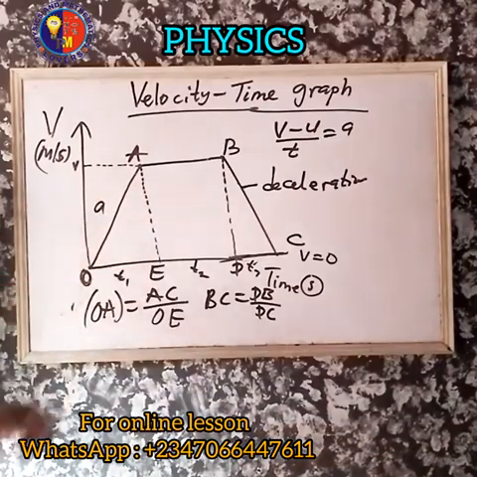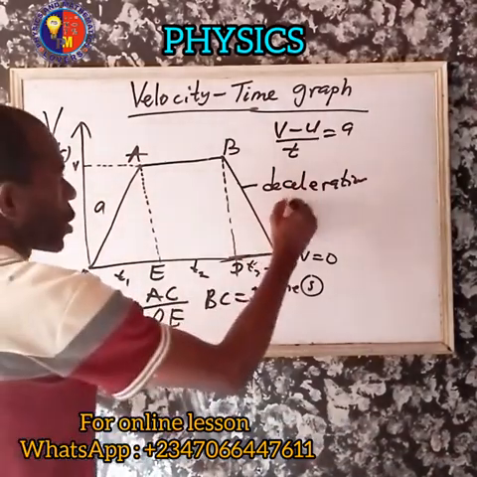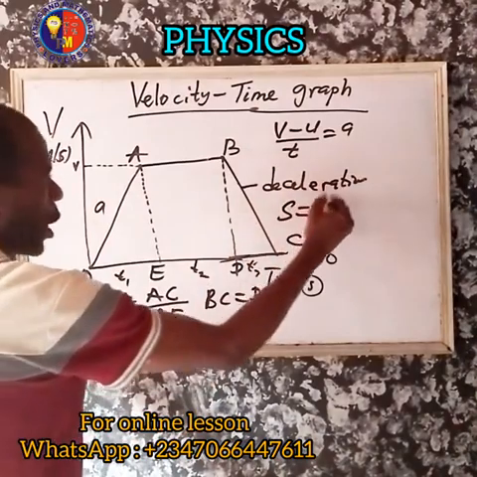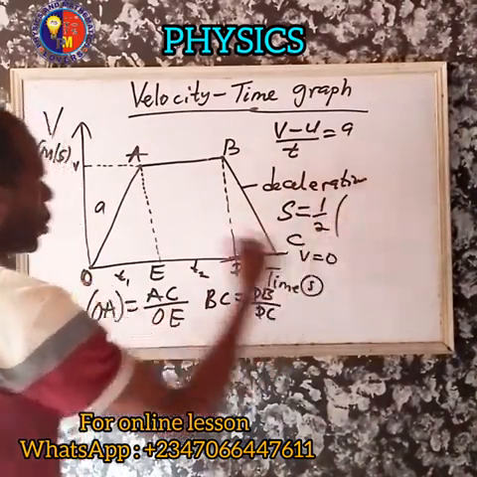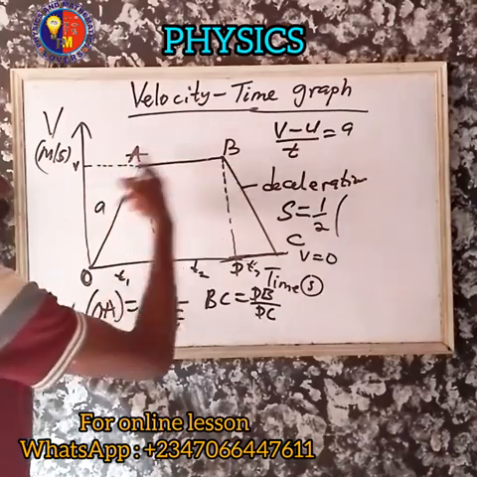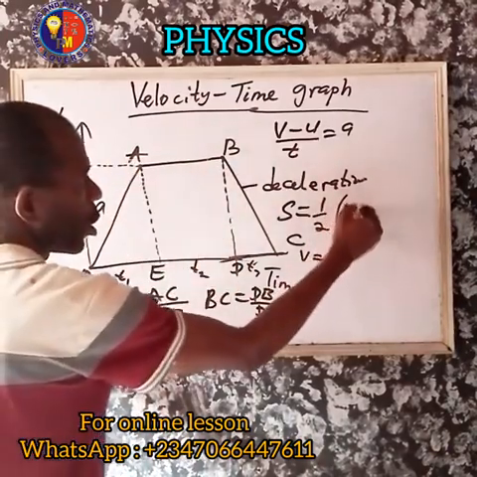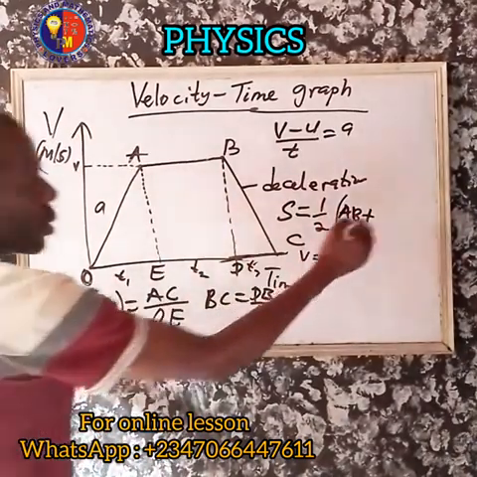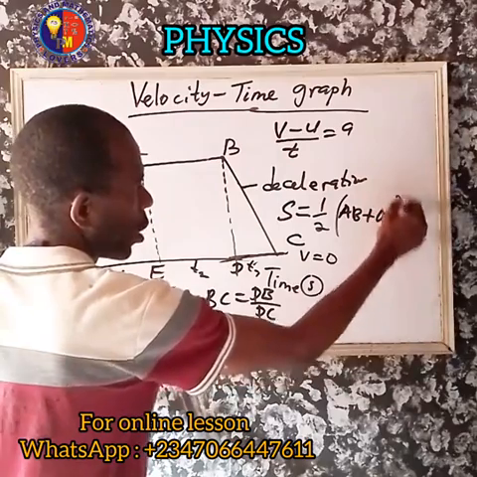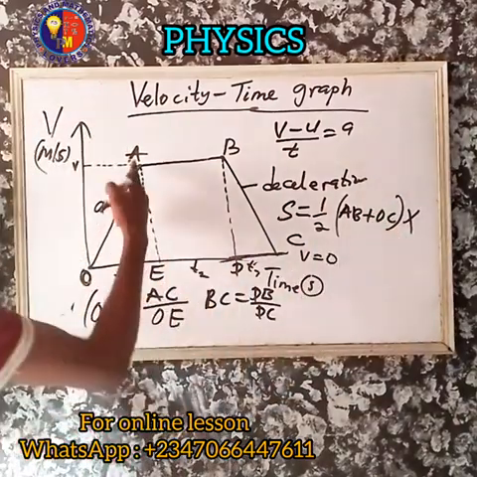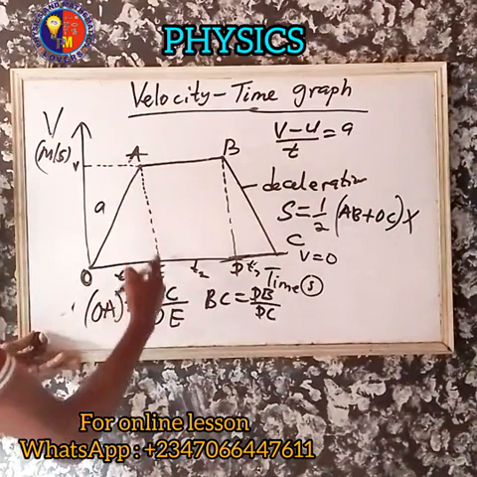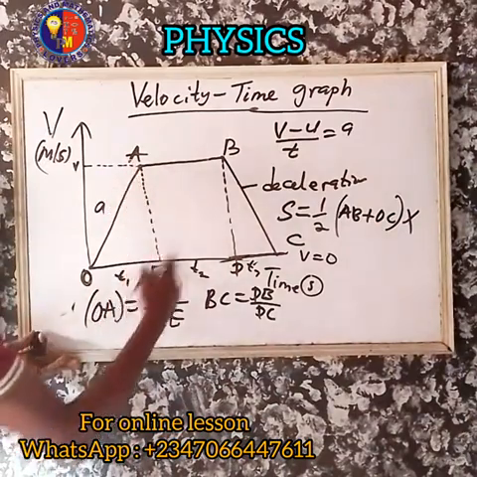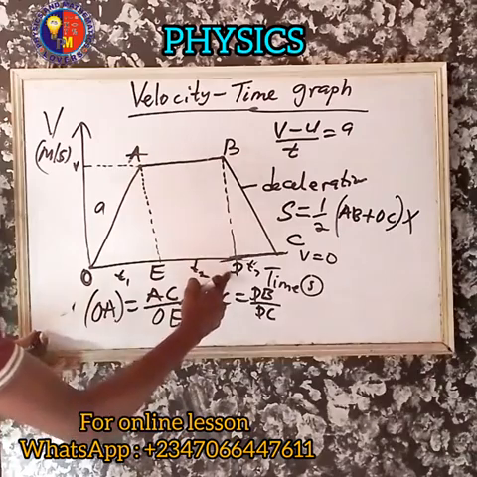And of course, we know the area of a trapezium. So the total distance is S equals half times AB plus OC, then multiplied by the height. Look at the height here. This AE is also the height, and BD is the same.